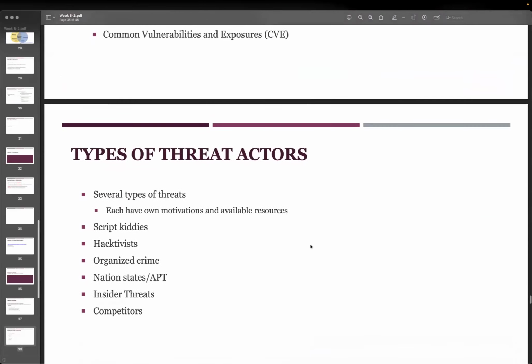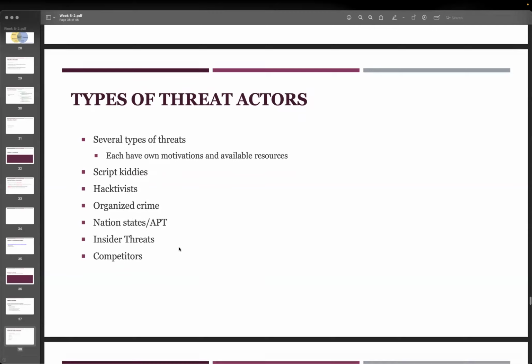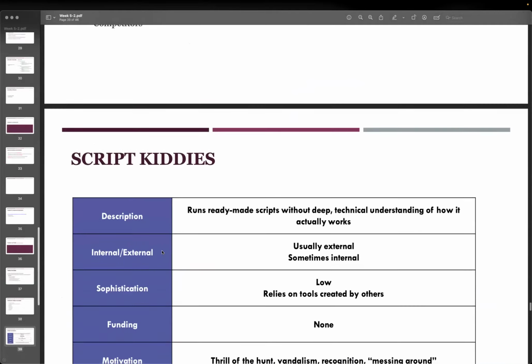There are several types of actors, each with their own motivation and available resources: script kiddies, hacktivists, organized crime, nation-states like APT, insider threats, or competitors. So these are the possible threat actors.